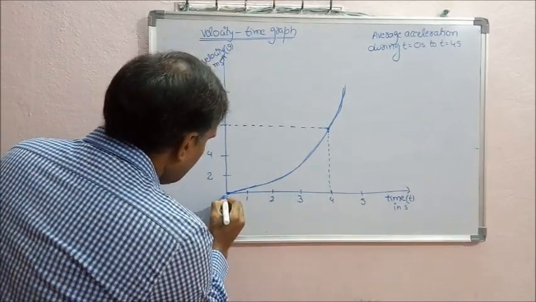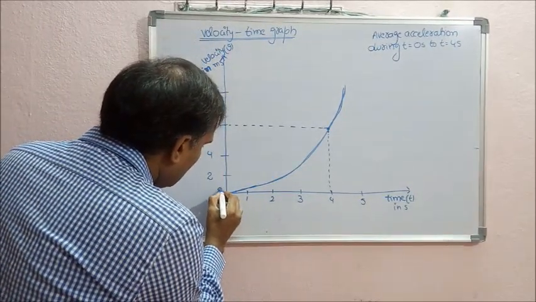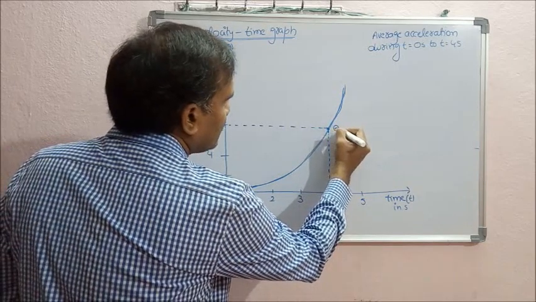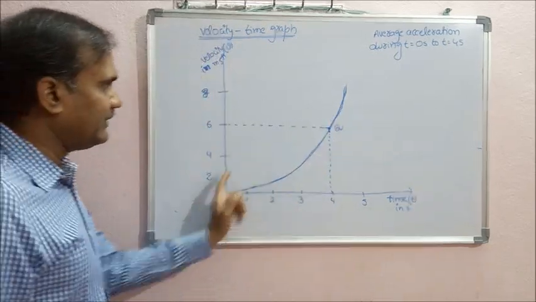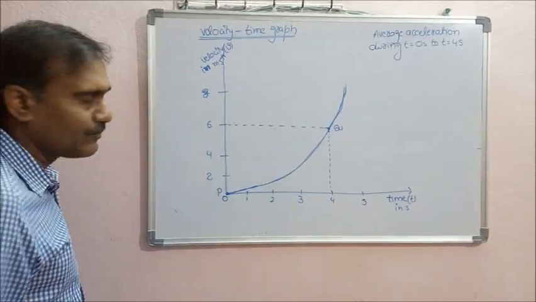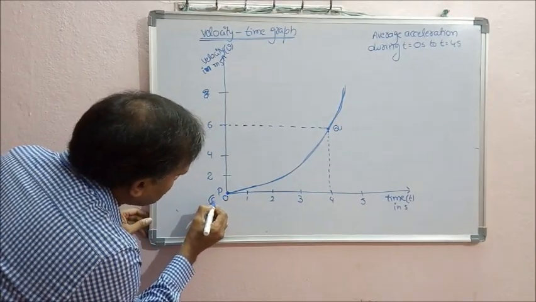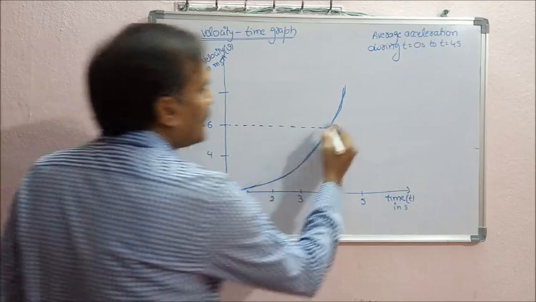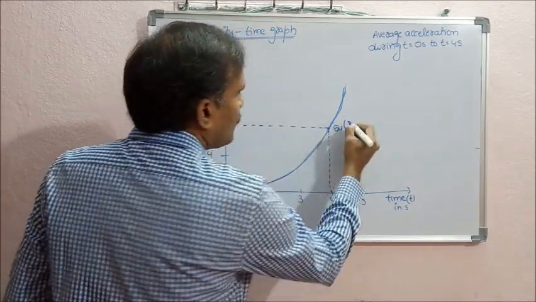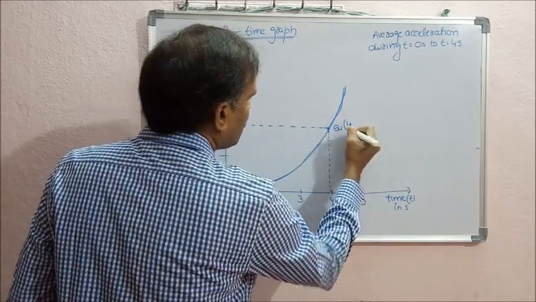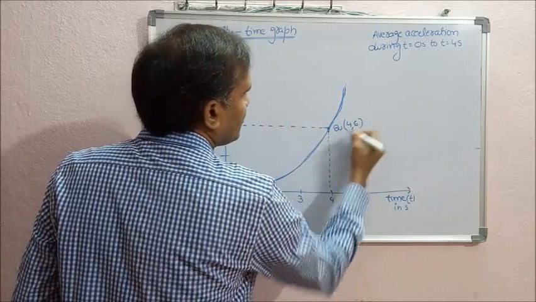This point is taken as P and this point is taken as Q. What are the coordinates of point P? 0, 0. Coordinates of point Q are 4 seconds, 6 meter per second.